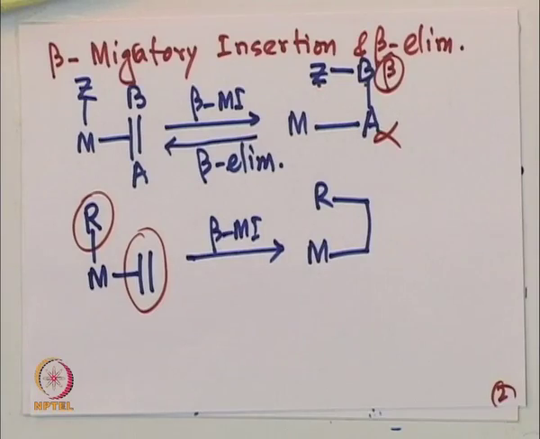Now, the alpha migratory insertion we will be discussing now with a few more examples. These are very well known examples. You are definitely aware of them, but may not have realized that it is in fact alpha migratory insertion.